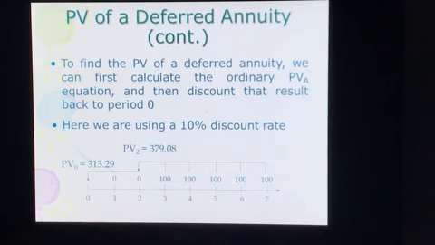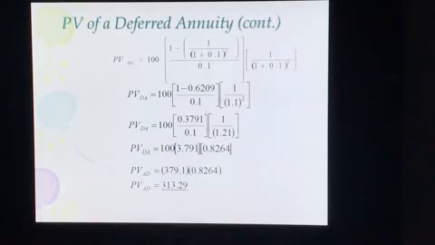Now moving further, this is how we calculate it, starting from where we actually started our annuity. First we calculate PV2, the present value at the end of the second year. This is the first part of the formula. In the second part, we further discount it for 2 more years, to get PV0.